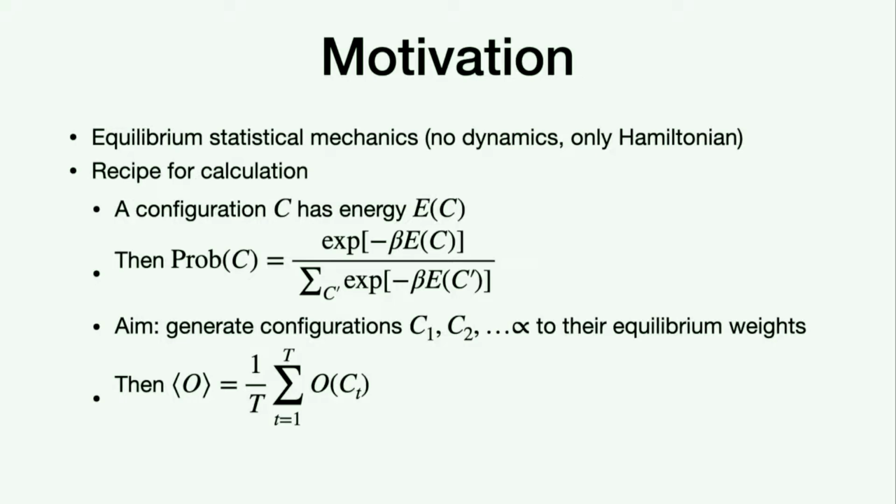If I could generate configurations like that, then all I have to do is take configuration C1, measure energy, then C2, and average over all of them, and that average gives you the final answer, the macroscopic variable. This is what I would like to do. Is this clear?